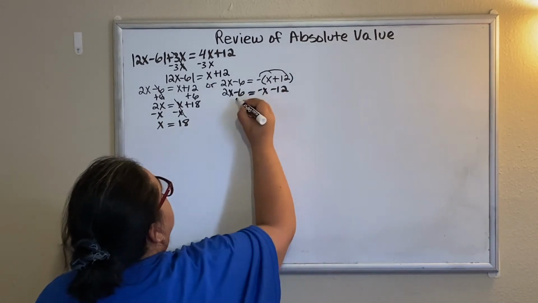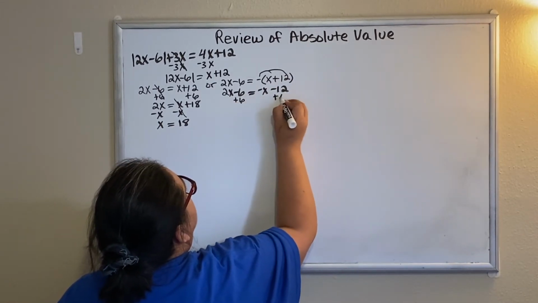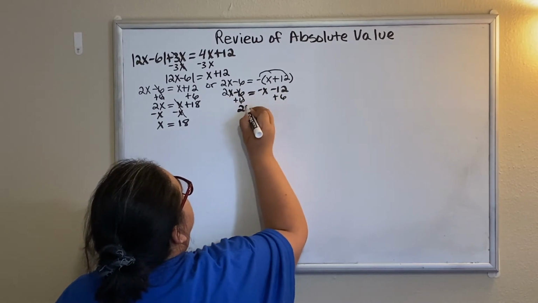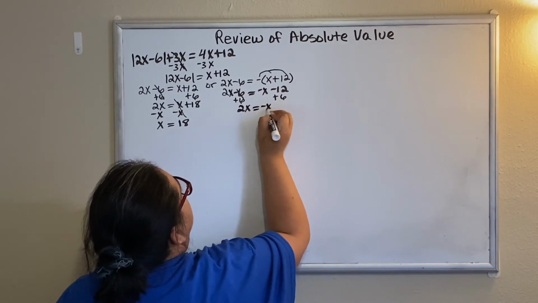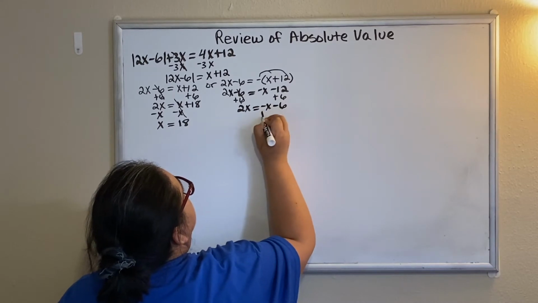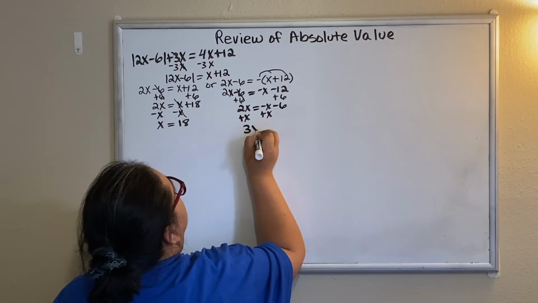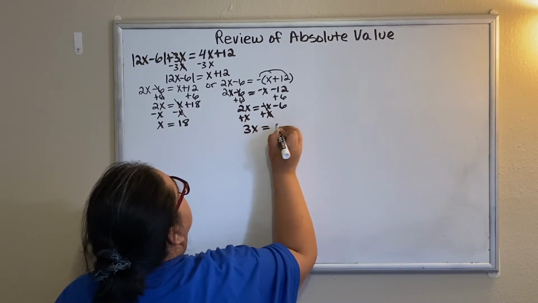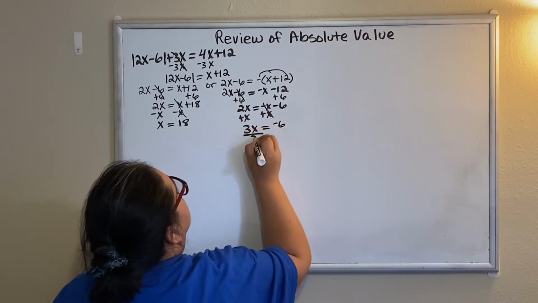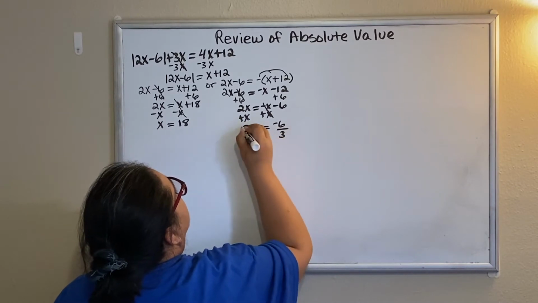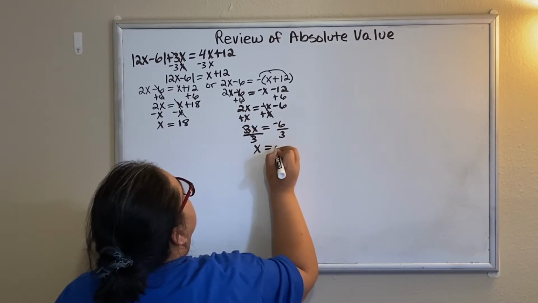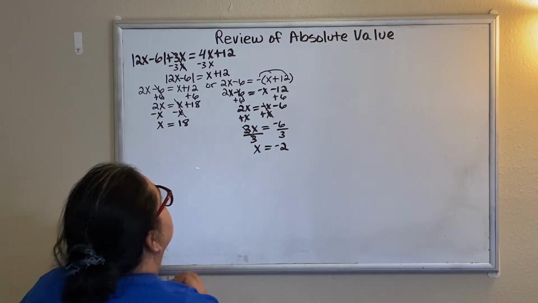Now we're going to add 6 to both sides, eliminating the 6, and we get 2x equals negative x minus 6. Now we're going to add x to both sides, and we get 3x equals negative 6. Dividing by 3 gives us x is equal to negative 2.